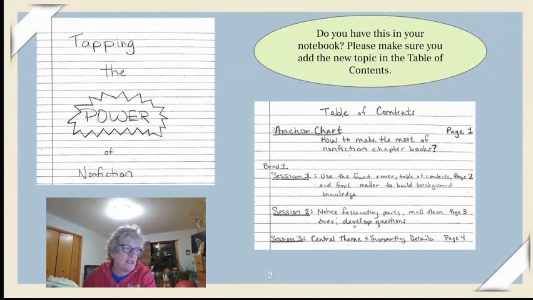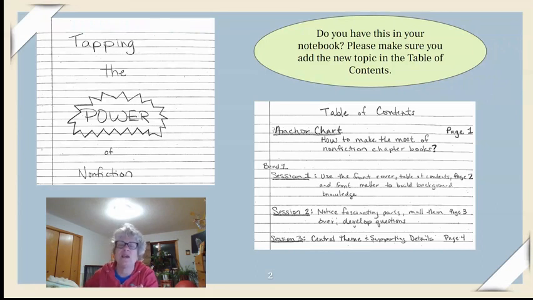Then Bend 1, Session 1 was use the front cover, table of contents, and front matter to build background knowledge. Session 2 was noticing those fascinating parts, mulling them over, and developing some questions to guide your reading.